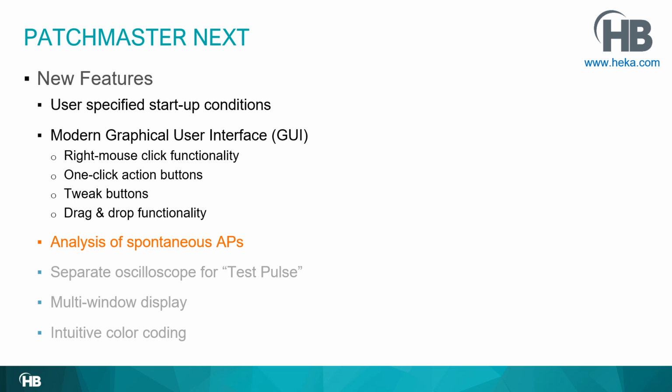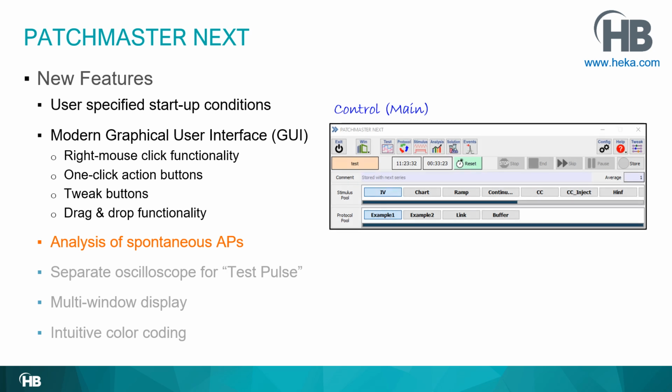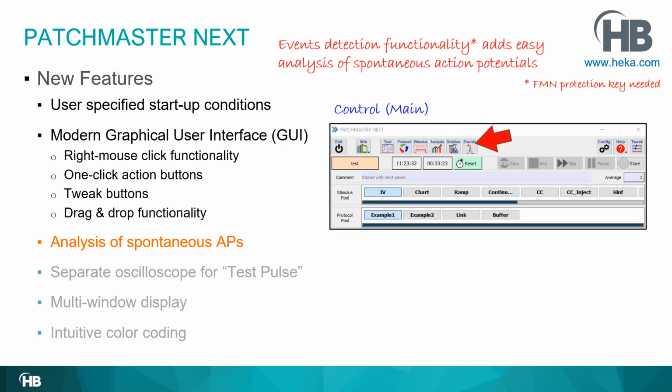Then the next difference, a big difference really to the old PATCHMASTER: PATCHMASTER Next allows you now to analyze spontaneous action potentials. So here we see again the control window, and there's the events button.